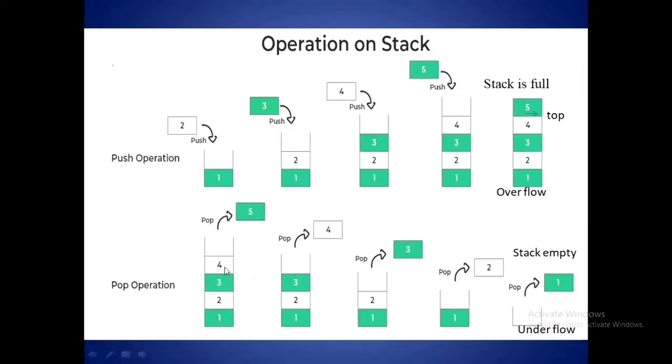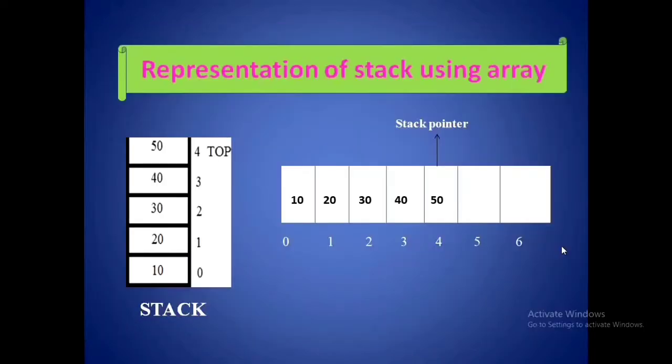Next deleted element is 4. Next 3. Next 2. Next 1. So the stack is empty. Empty means underflow. The final result is that the stack is underflow. This is the pop operation. A stack is only a one-side-open tube.